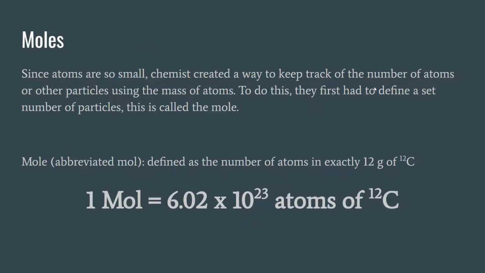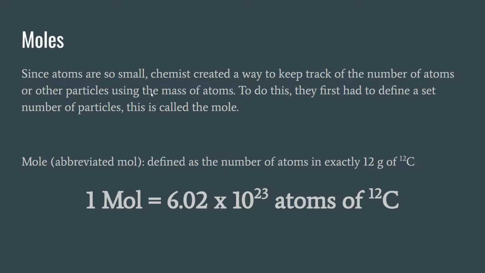So this idea of a mole was created because atoms are so small that we can't count them by looking at a sample. So we had to find a way of relating the number of atoms to how much they weighed, or their mass. To do this, a set point had to be determined.